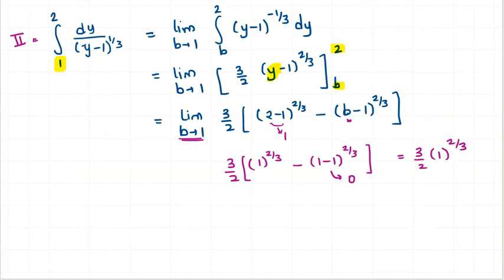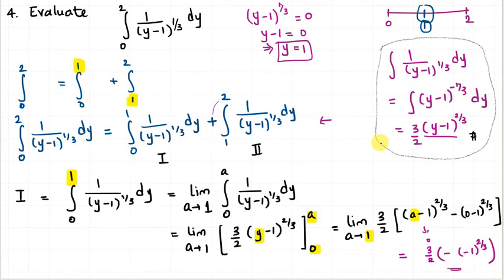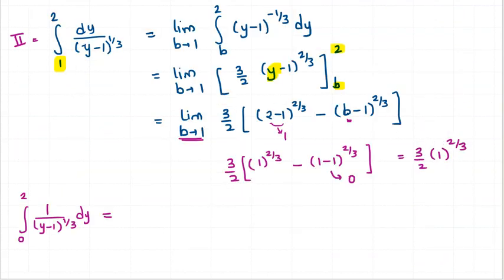So your integral 0 to 2, 1 over (y minus 1) to the power 1 over 3 dy, becomes equal to the value of the first integral from here, which is minus 3 over 2 times (minus 1) to the power 2 over 3, plus the second one, 3 by 2 times 1 to the power 2 over 3. 1 to the power 2 over 3 is 1, okay, and then you can simplify.